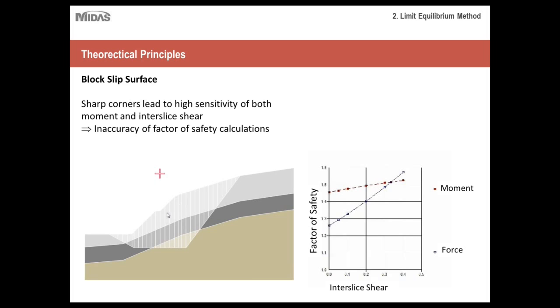Because of these sharp corners and the extra resistance that you receive, essentially you're taking a very conservative approach to your LEM analysis. You're assuming the slope is more stable than it actually is, because slopes don't really fail in shapes such as these.